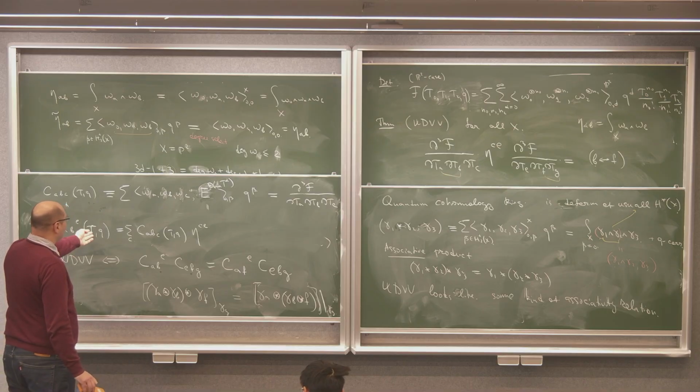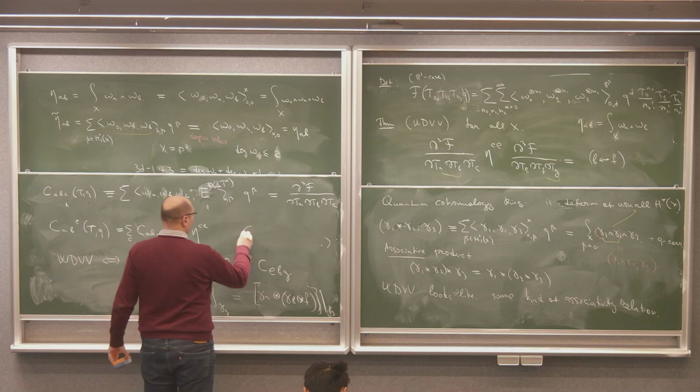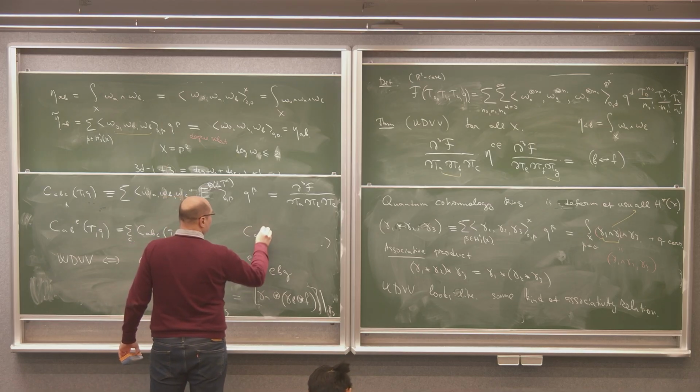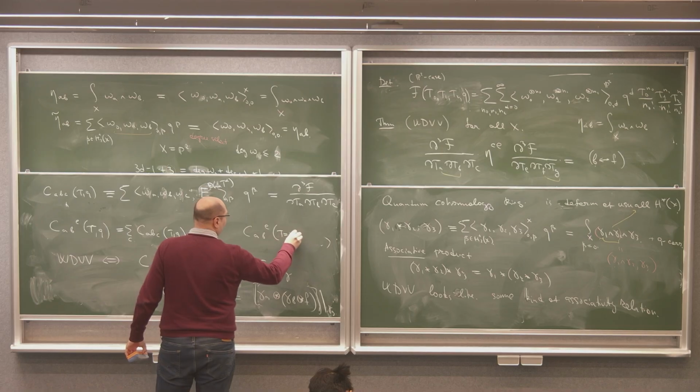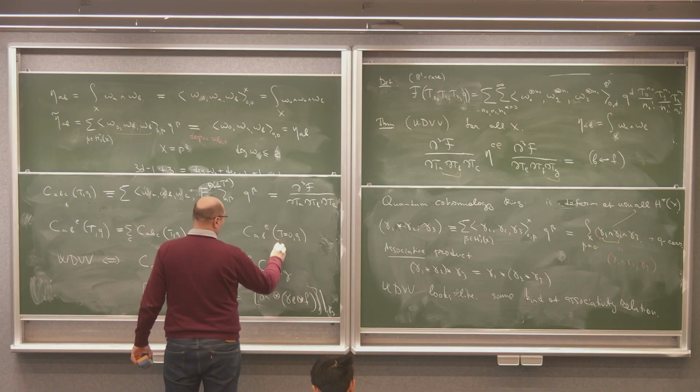And this structure constant C, once again: if I set all the t's to 0, then C_ABE is the structure constants for quantum multiplication.